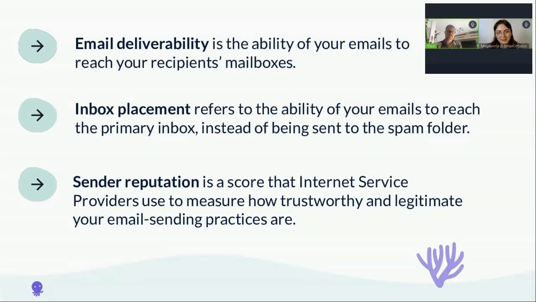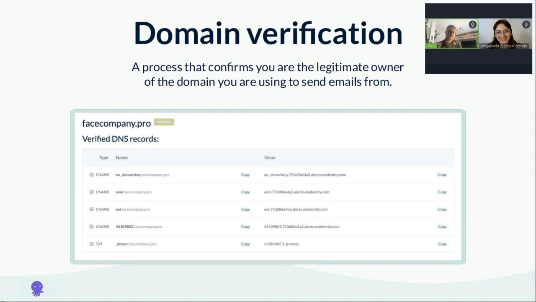Okay, you will need to explain what's domain verification. It might sound technical, but no worries, it's not the end of the world. It's a process that confirms you are the legitimate owner of the domain you use to send emails. It helps establish trust with ISPs because they see that you take email authentication, email marketing seriously.